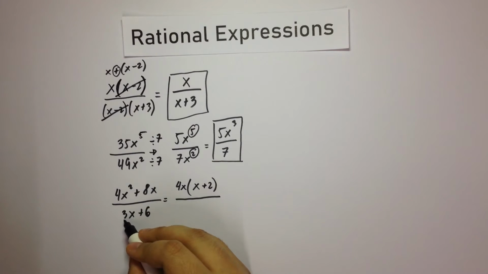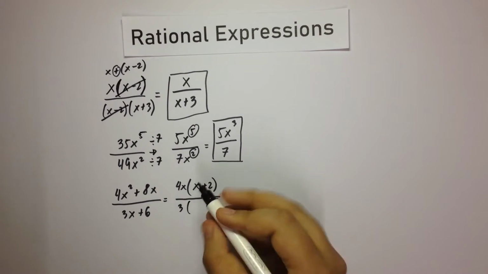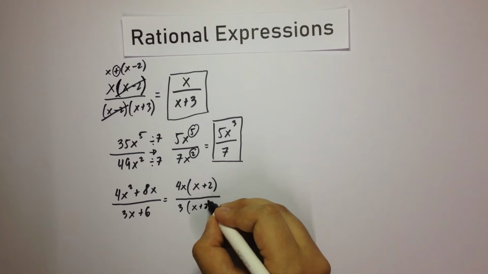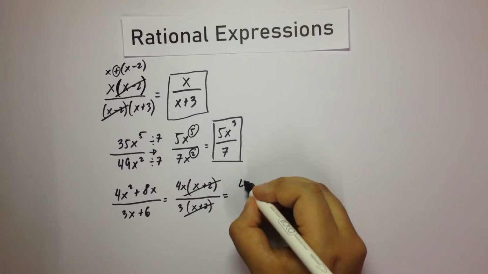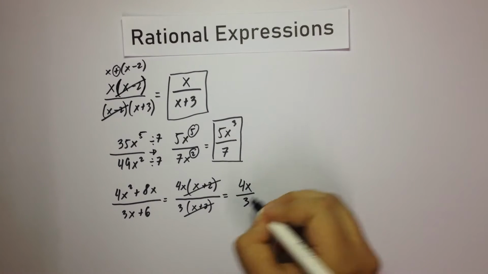In the denominator, we could bring out 3. 3 divided by 3x would be x, and 3 divided by 6 would be 2. So you can see here, we can cancel out (x plus 2), which would make the final answer 4x over 3.